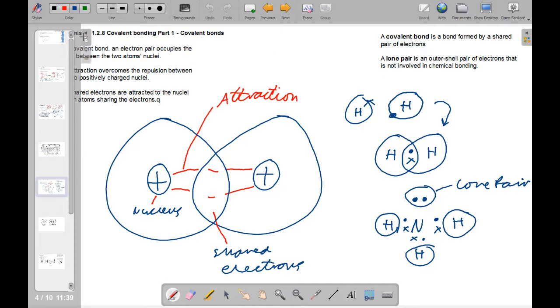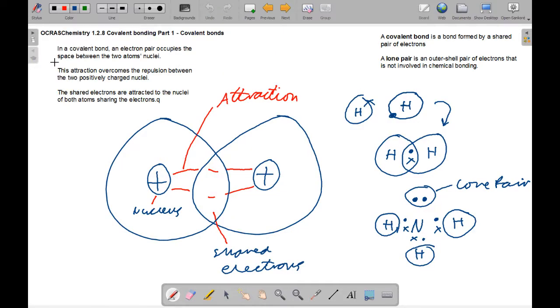Covalent bonding. In a covalent bond, an electron pair occupies the space between 2 atoms' nuclei. This attraction overcomes the repulsion between the 2 positively charged nuclei. The shared electrons are attracted to the nuclei of both atoms sharing the electrons.